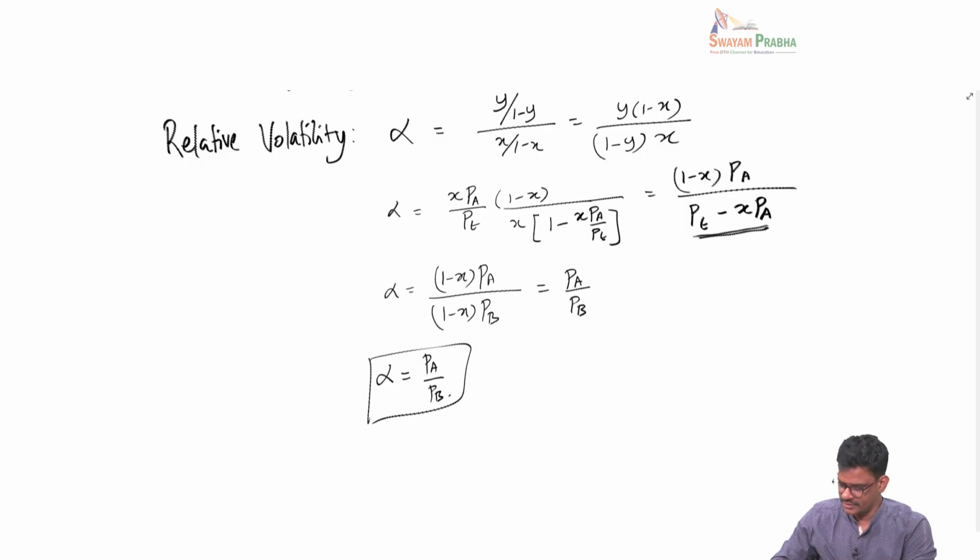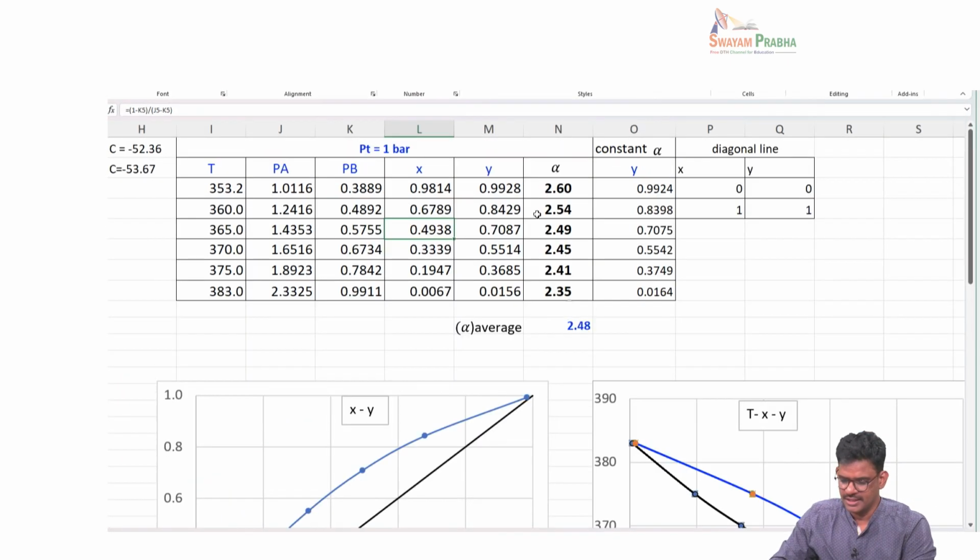So now let's go back to the problem I showed here, where I tried to calculate the relative volatility at each of those temperatures. You can see it starts from 2.6 and slowly decreases all the way to 2.35. Why is this happening? Because alpha is defined as Pa by Pb.